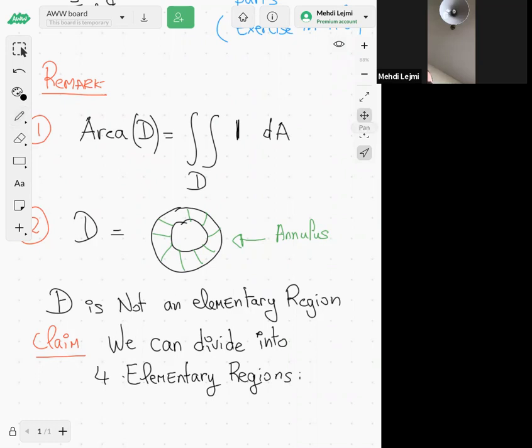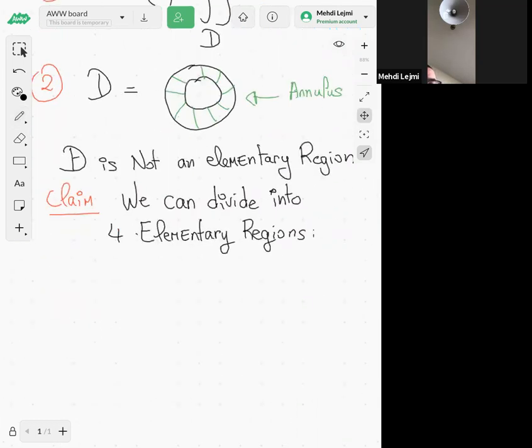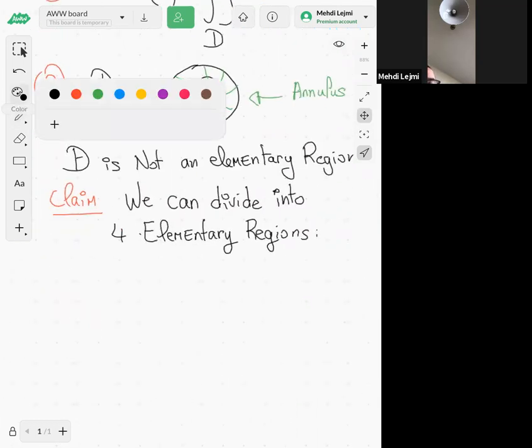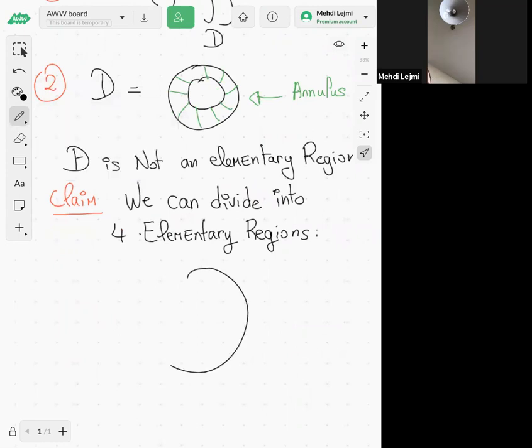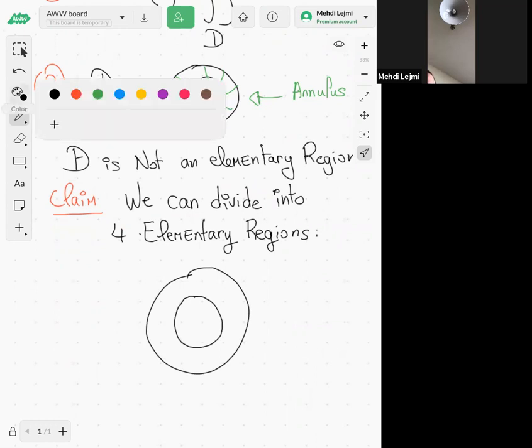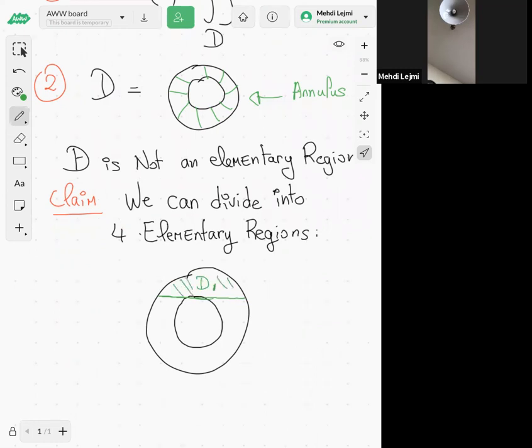So the 4 elementary regions would be the following. We're gonna have first this elementary region here. This is D1. That's my first elementary region. The second elementary region would be the one in the bottom here, D2. This one here.